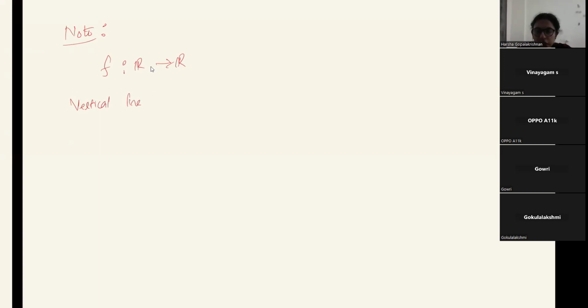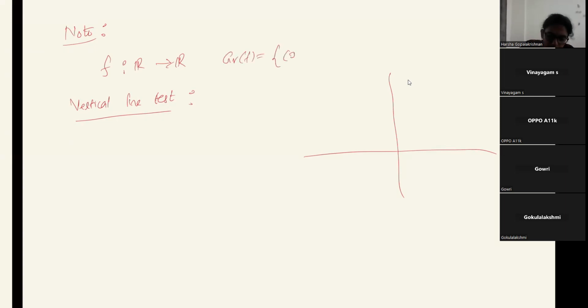If we have a function from R to R, we can represent it as a graph. The graph of f is the set of all (x, f(x)) such that x is in R. We can plot this in the plane R2.